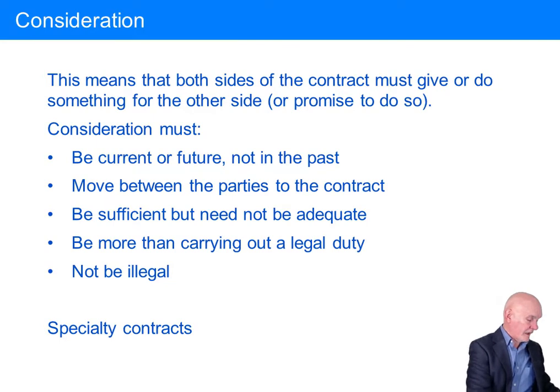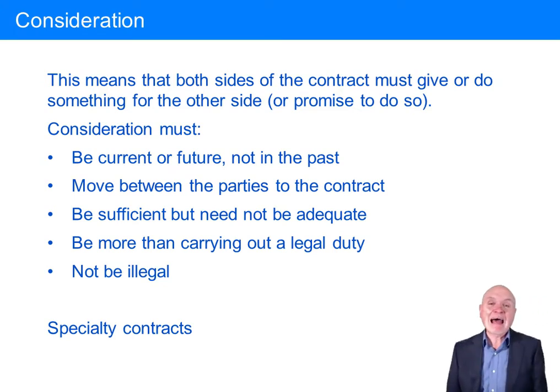And here we have an example of a case, Tweddle and Atkinson, where two fathers had agreed to pay amounts to a couple when they were married, and one of the fathers died before the amounts were paid.